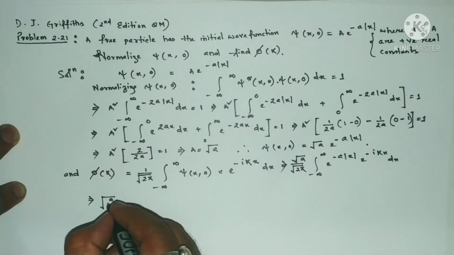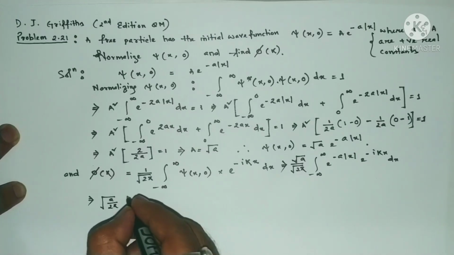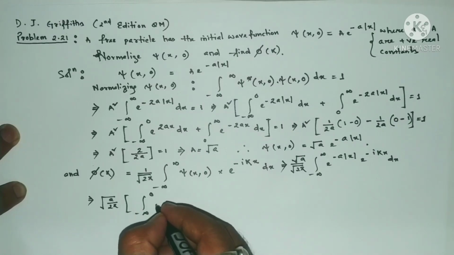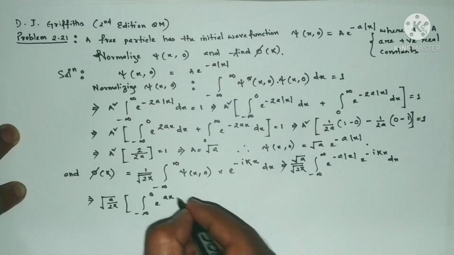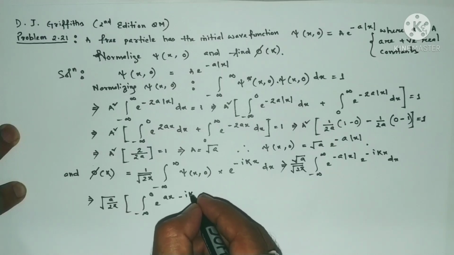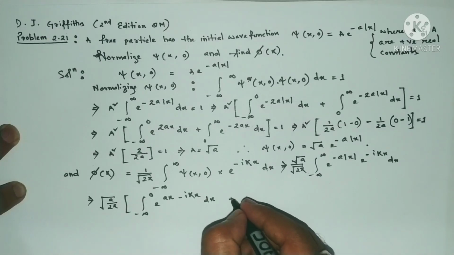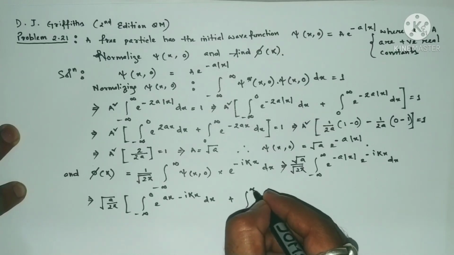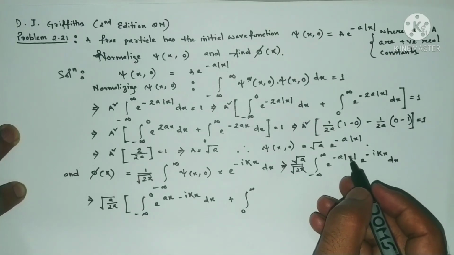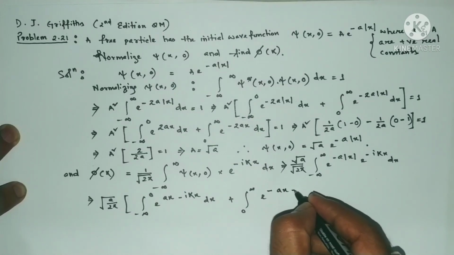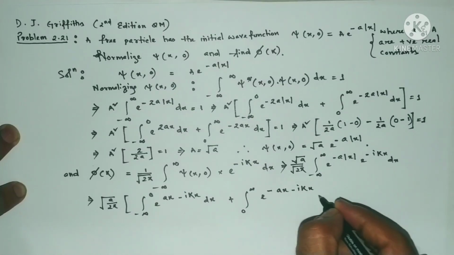So under root a by under root 2 pi, negative integral minus infinity to 0, you are left with e raised to a x minus i k x dx, plus similarly for 0 to infinity your mod of x will be again positive, so you are left with minus a x minus i k x dx.